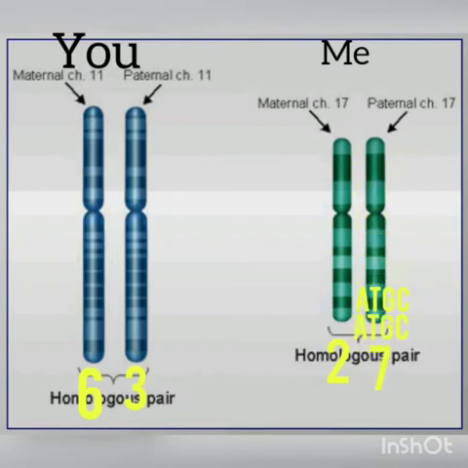Now, how do we know this? How do we know the difference between the VNTR sequences of your chromosome and my chromosome? We know this by DNA fingerprinting methods.